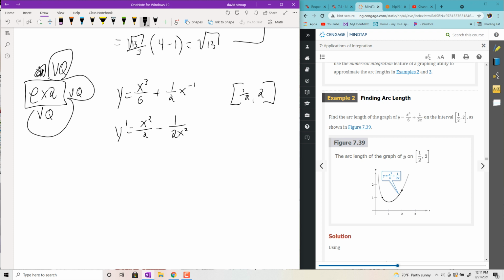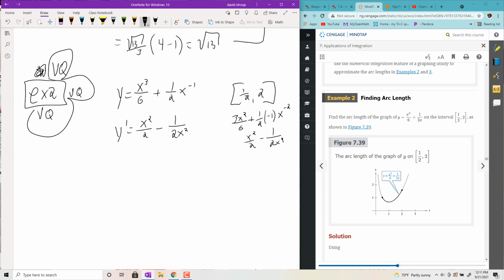I sort of already know the answer, so I'm trying to think it through, but at the same time I know what it is. It's confusing. Okay, so the first one is 3x squared over 6. The second one, plus 1/2, bring down the negative 1 and then x to the negative 2, right? So you get x squared over 2 minus 1 all over 2x squared. Okay, that's that thing.